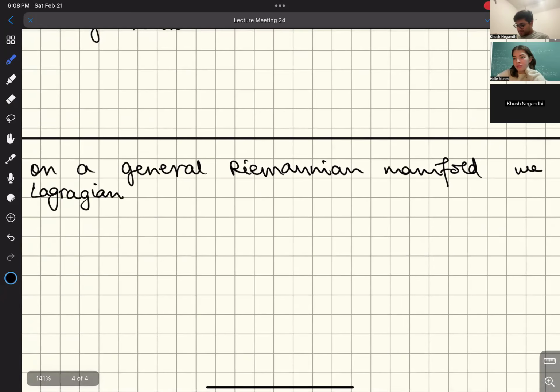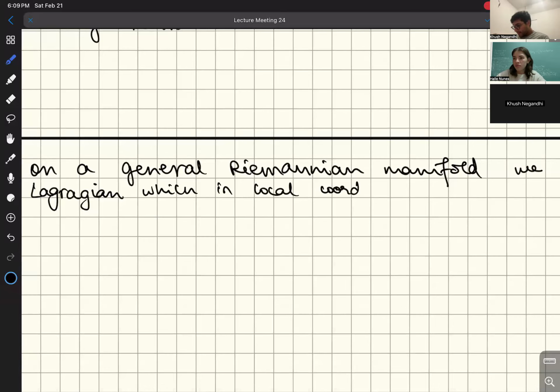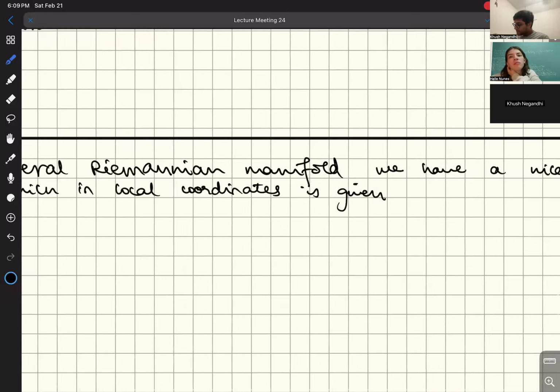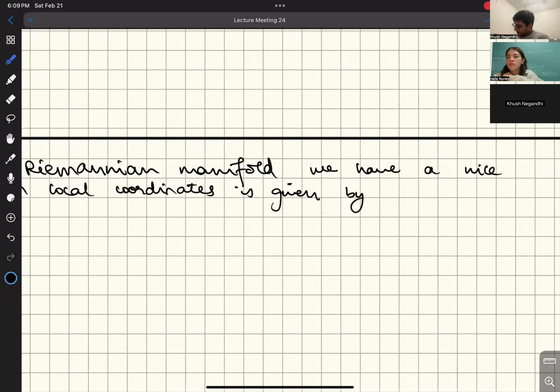We have a nice Lagrangian, which in local coordinates is given by 1/2 Gij Vi Vj. Okay, but I like the coordinates x dot i x dot j more, so I'm gonna write it like this.